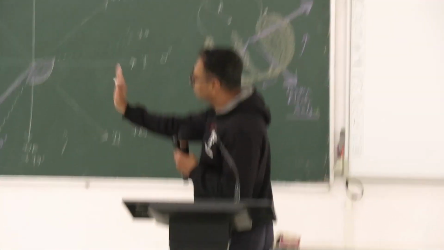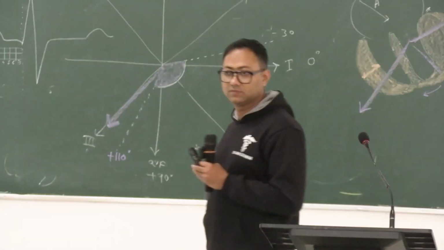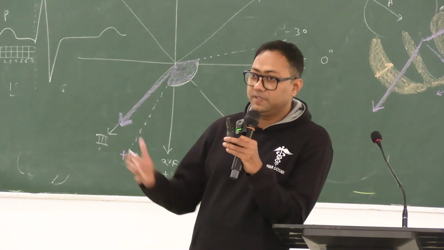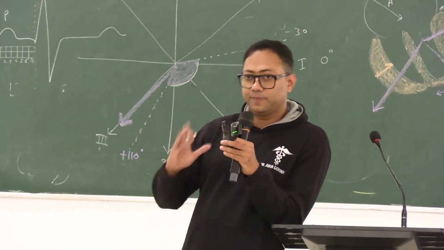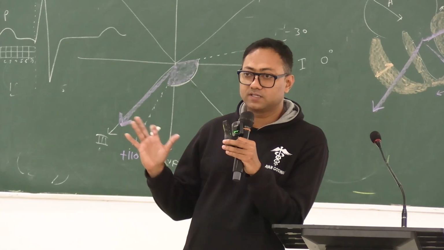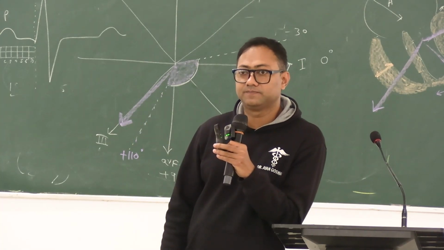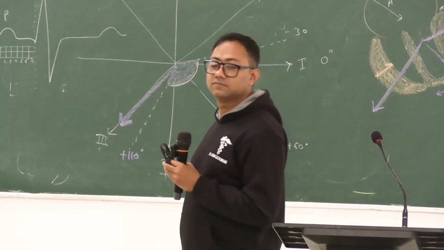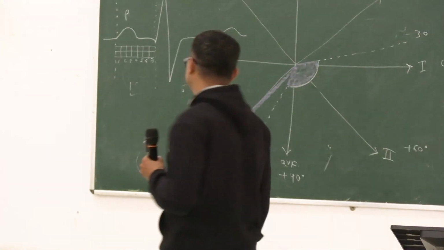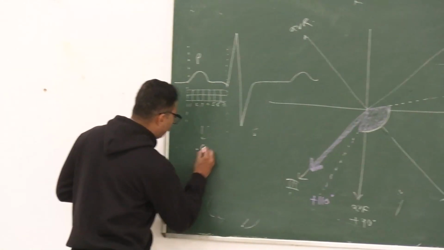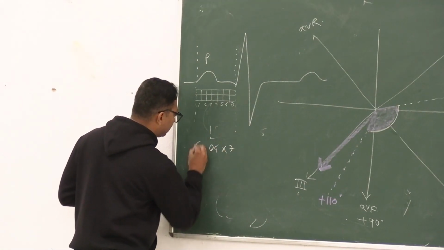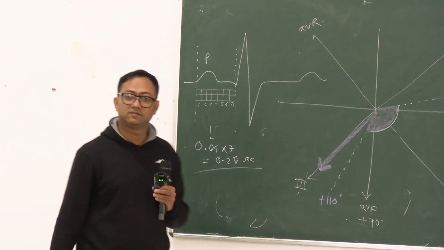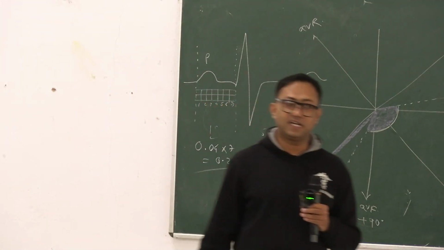From the beginning of P to the beginning of Q, there are 7 small squares. So what is the duration of the PR interval? 0.28 second. Very nice. How did you get it? 0.04 into 7, right? So that is 0.28 seconds. Clear? So this is how we calculate the PR interval.